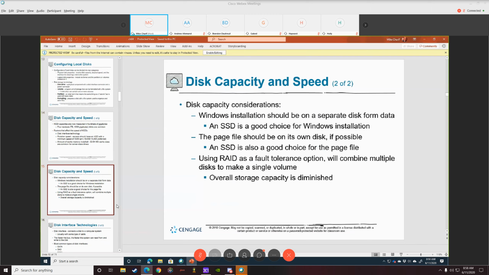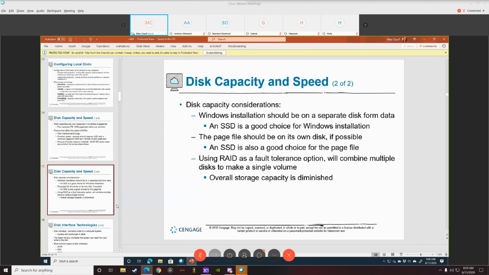Whenever you install your operating system, you can install it on a different volume or partition. An SSD is a good choice for Windows installation, because whenever you boot your machine, you don't want to wait forever. An SSD will give you a fast boot.